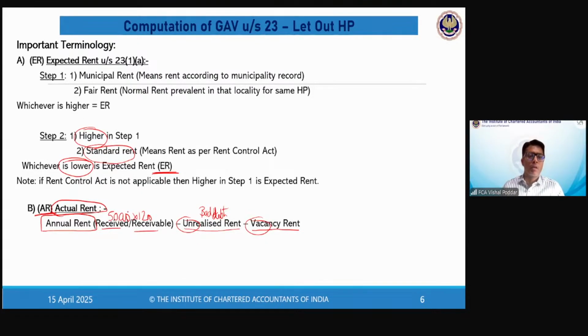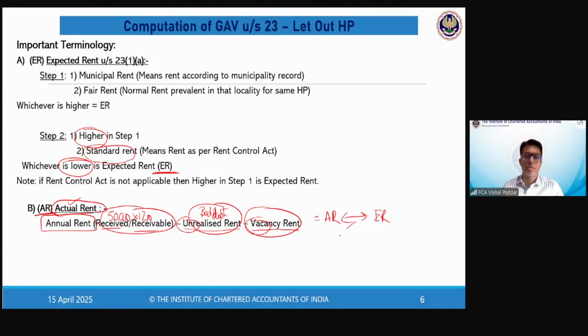Now, when you find out actual rent by taking the difference of these three figures, we call it AR for short. While computing GAV, you have to compare your AR with the ER that you have calculated above.